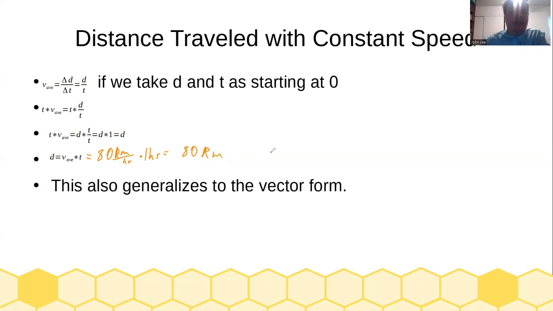If you are traveling 80 kilometers per hour for 3 hours, that means every hour you traveled 80 kilometers and you traveled for 3 hours.